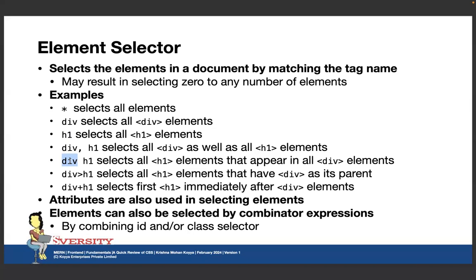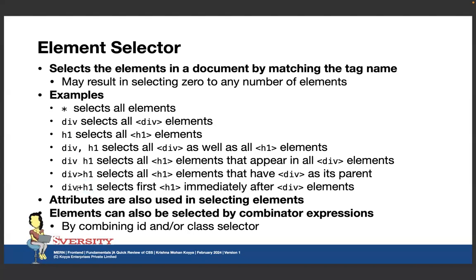As long as it is part of a div tree, that is more than enough. In case you want to select all H1 elements that immediately appear after a div element, then you use the plus symbol.